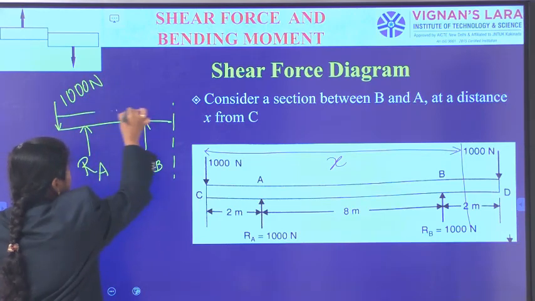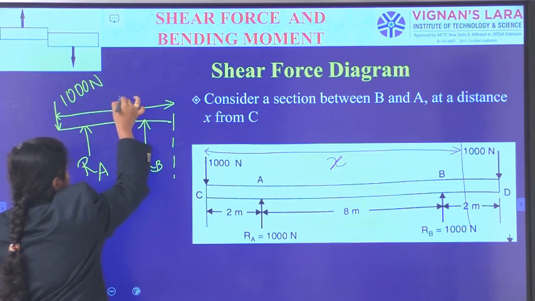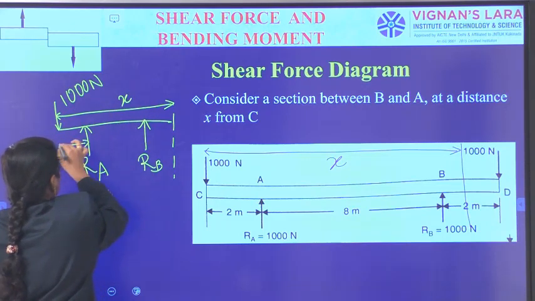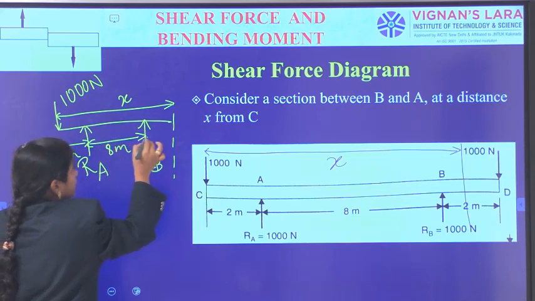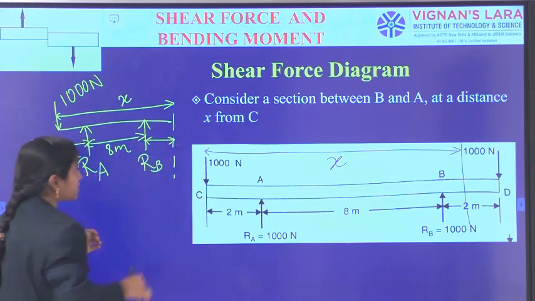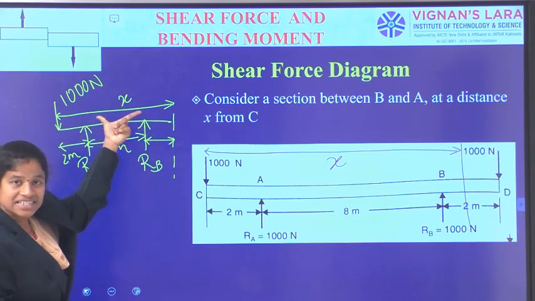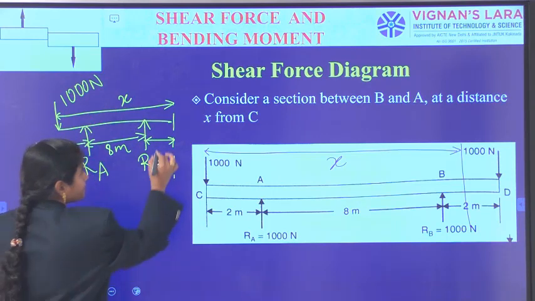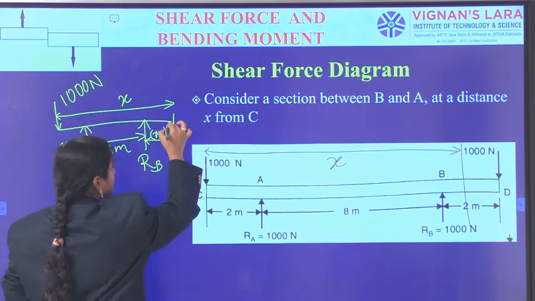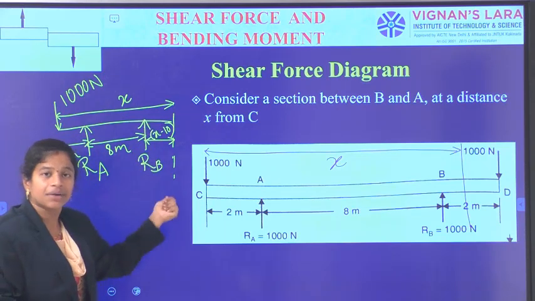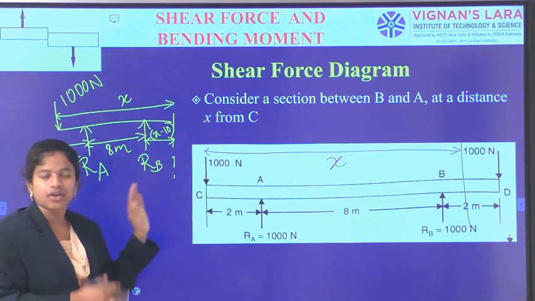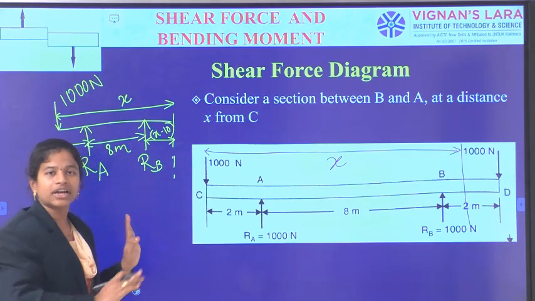And this one is at a distance of x, and which is 2 meters, and which is 8 meters, and this remaining measurement is a total of x minus 10. This is x minus 10. In this way, the remaining perpendicular distance between RB and the section line has been calculated. With the known values, the unknown length is measured.